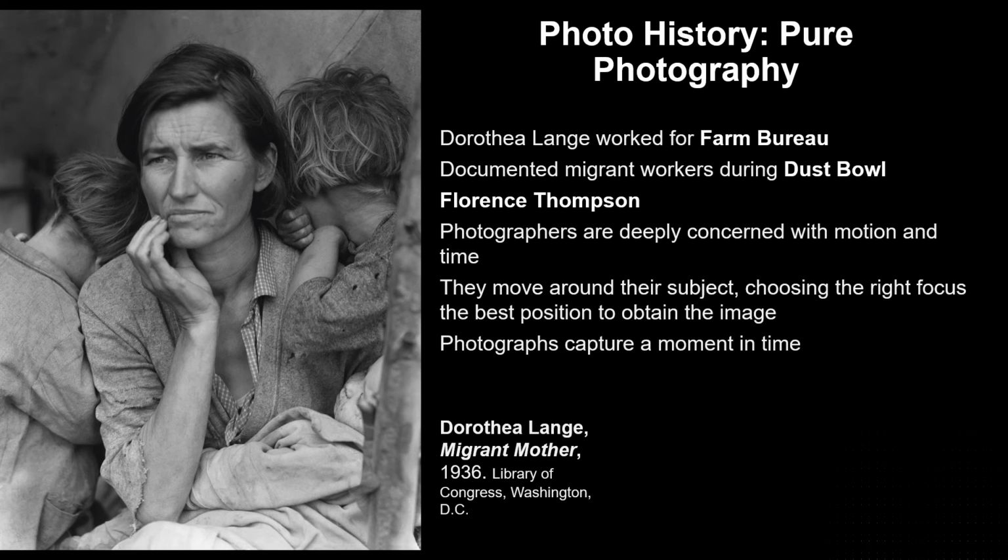But it always upset Florence Thompson because, first of all, she wasn't named, and second of all, she was embarrassed by this photograph, ironically. She didn't want to be shown at her worst and become this sort of symbol for poverty and struggle.